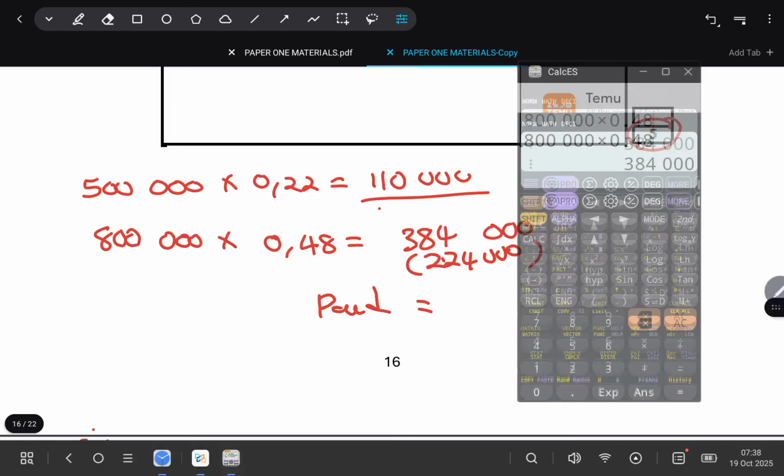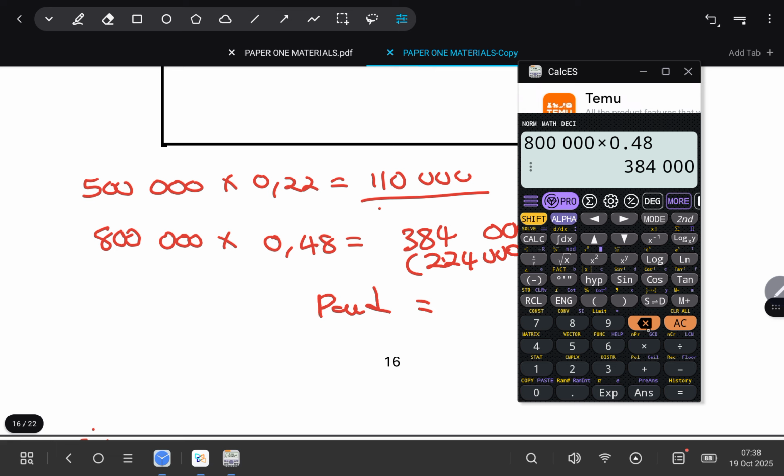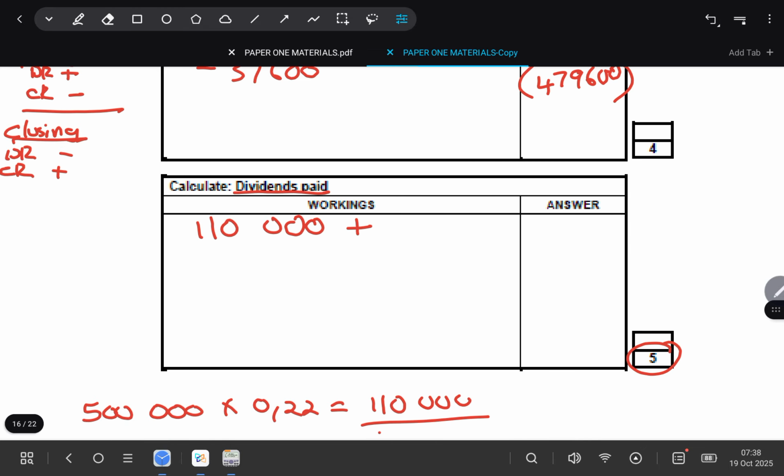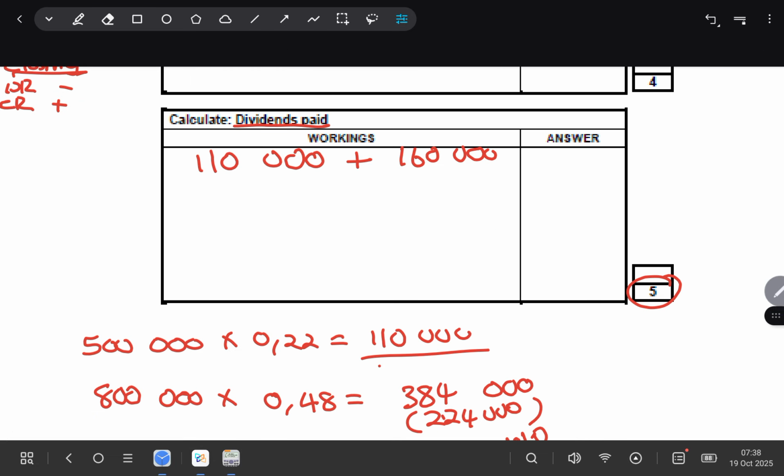So when we do this, we are going to say 384,000 minus 224,000, which gives us 160,000. So our paid is 160,000. So you take this paid that you have here, you bring it here. So in other words, when we get our final answer, remember you must show your calculations.